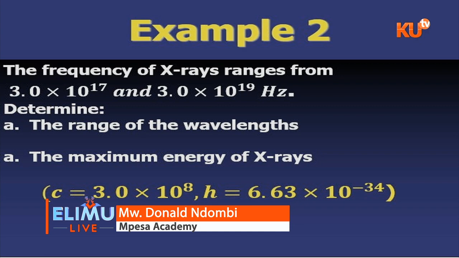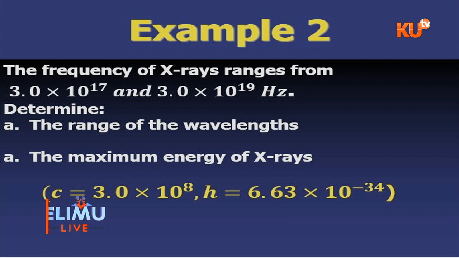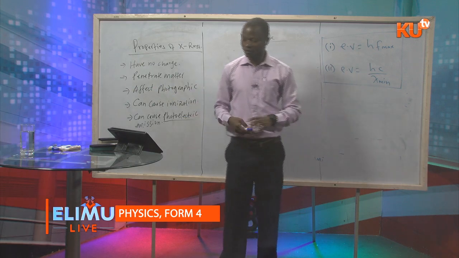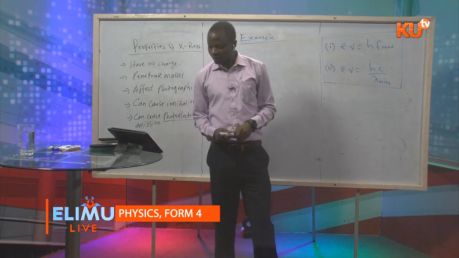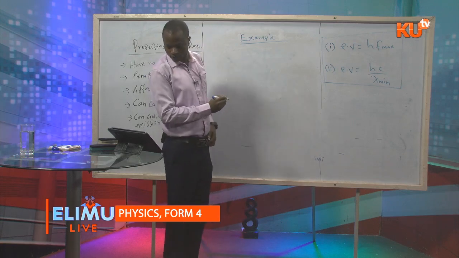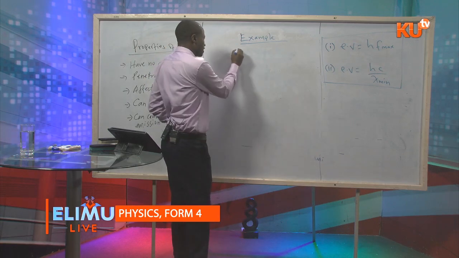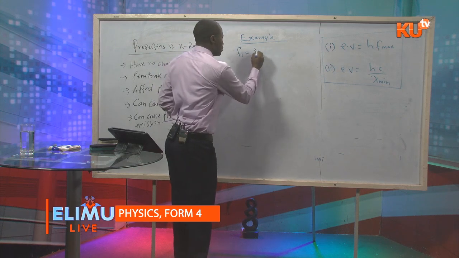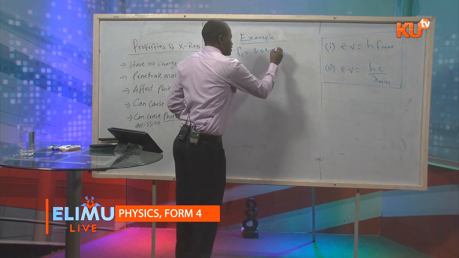So for example 2, part A, we want the range of the wavelength. That means we need to get wavelength 1 and wavelength 2. Then that is what we are calling a range of wavelength. So looking at what we have, we can write down. We are given the frequency, we can call it F1. F1 is 3.0 times 10 power 17.